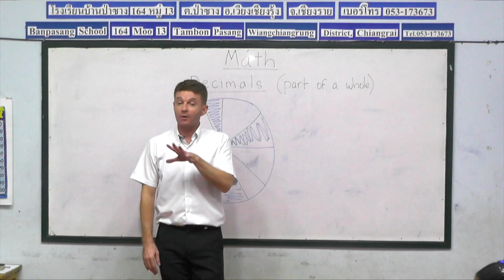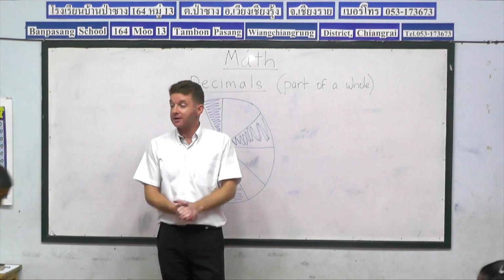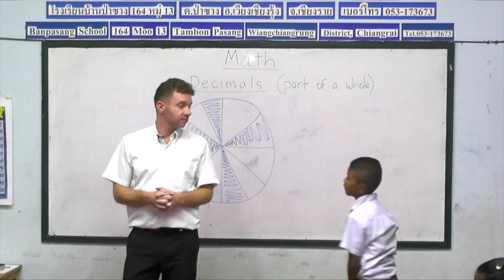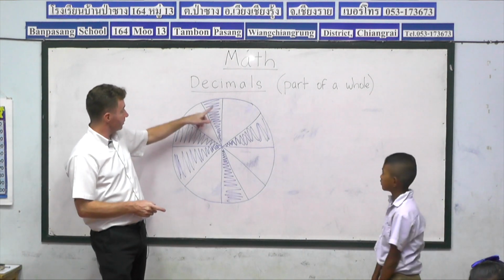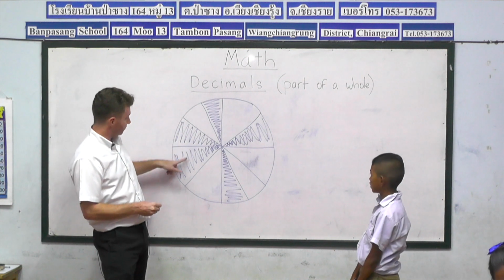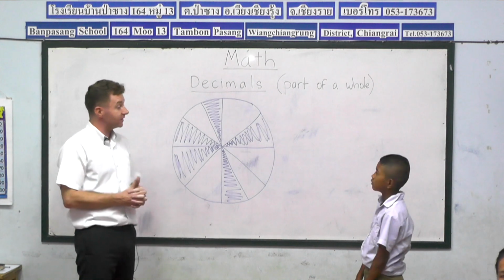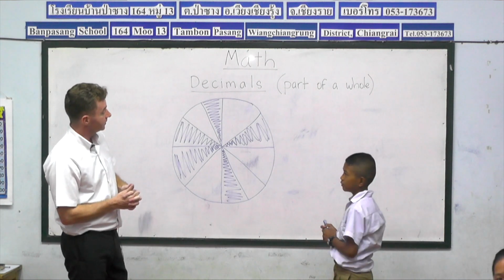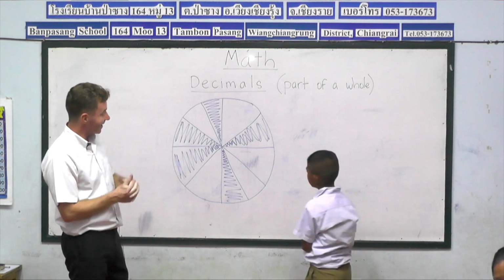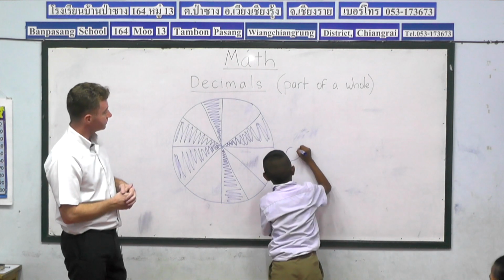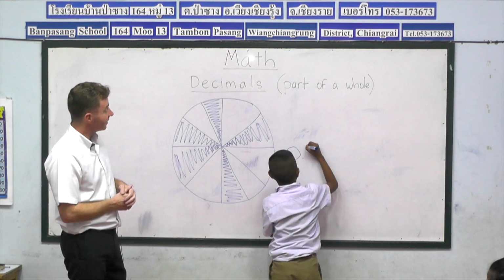So this time, we're not 0.4. What's our next decimal, Pat? We have 1, 2, 3, 4, 5. So Pat, can you write this as a decimal? Correct. Excellent, Pat. 0.5.